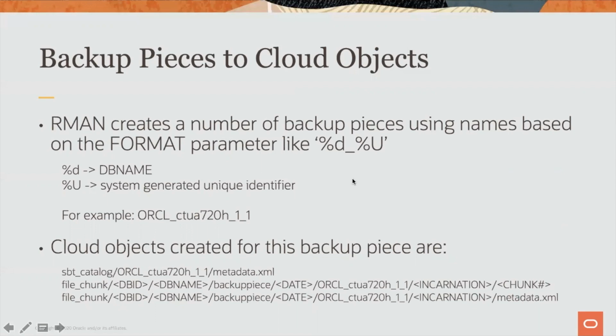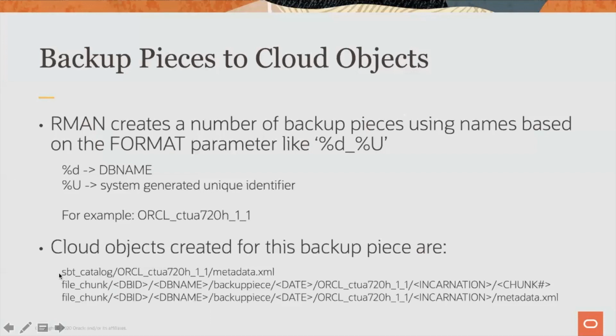So RMAN creates these backup pieces and sends them to the cloud. When they are sent to the cloud, it takes this format. First of all, it uses a metadata file associated with the backup piece that is being created, and it's stored in this, I would say, directory. It's not really a directory. Object storage is a flat space. Each object is really an individual object in a flat space, but we use slashes to simulate a directory structure.